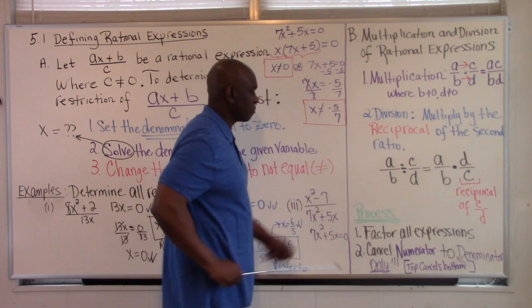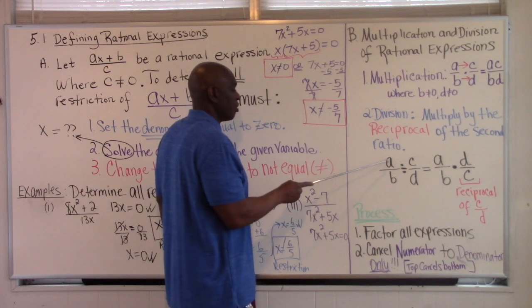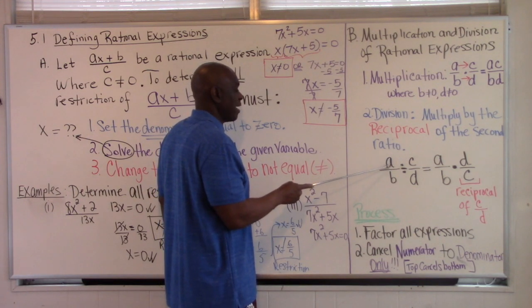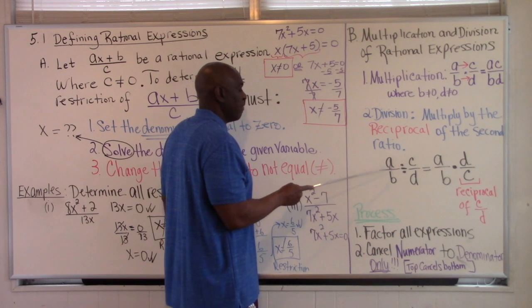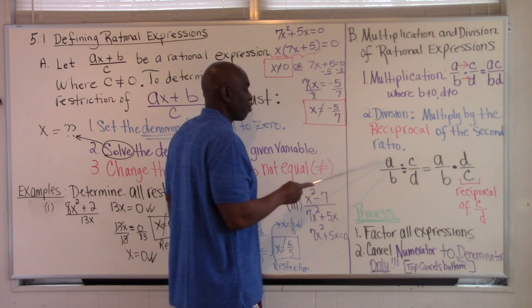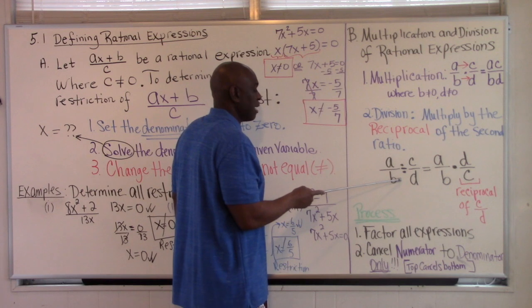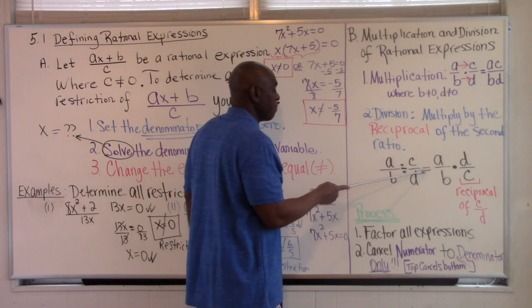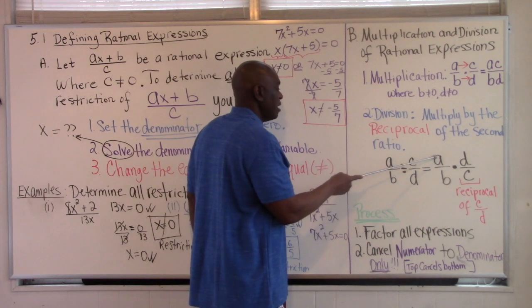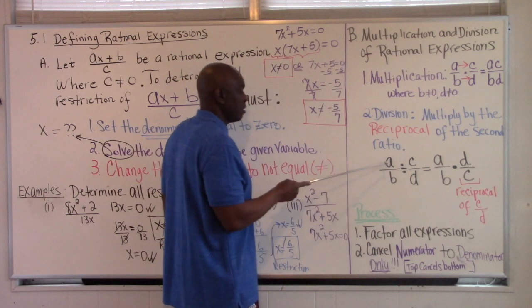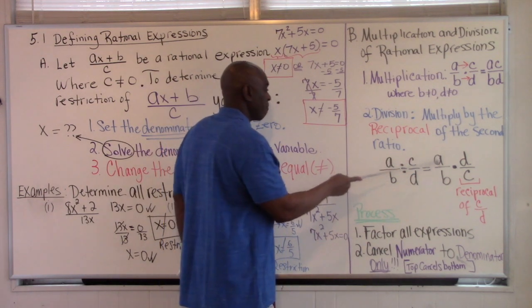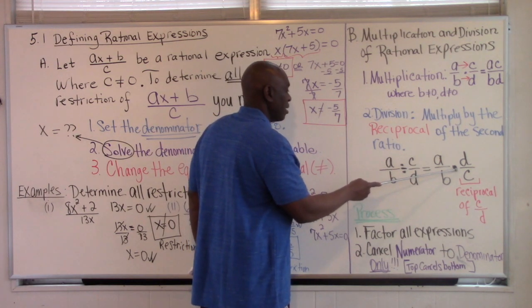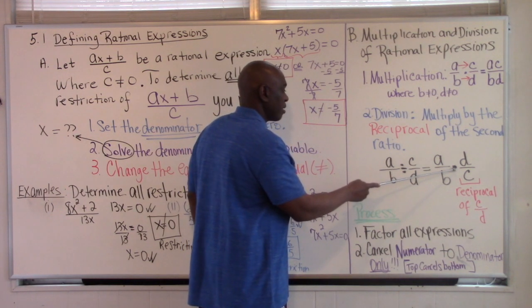Here's what it looks like. First rational expression, A divided by B, is divided by the ratio C divided by D. Well, this is the same thing as A divided by B, which didn't change, times, here comes the change.